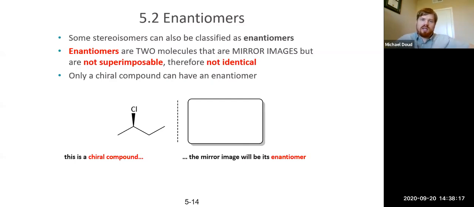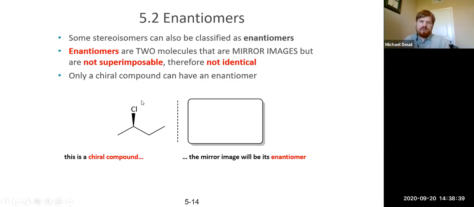Okay, now there's a special class of stereoisomers that can be called enantiomers. Enantiomers are these non-superimposable mirror images that we've been talking about. So for example, if you still have your model kit around, the ones that we were playing around with earlier, the mirror images that look like this are non-superimposable mirror images. These are enantiomers.